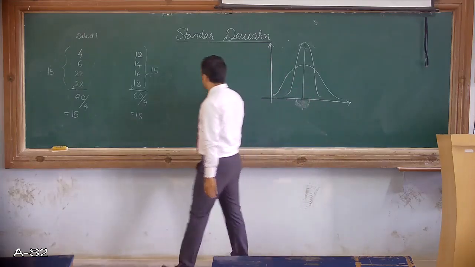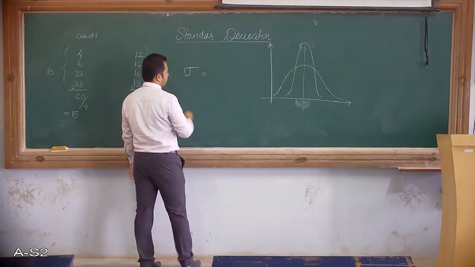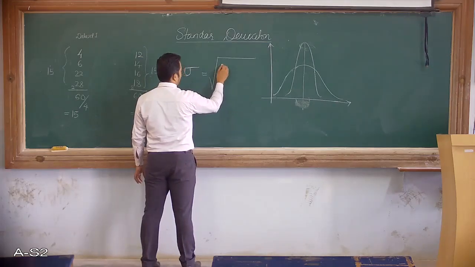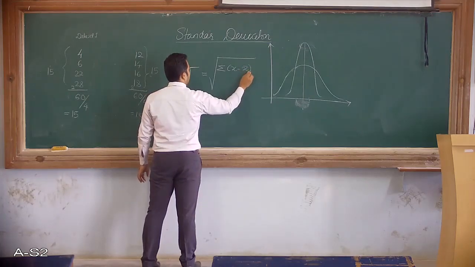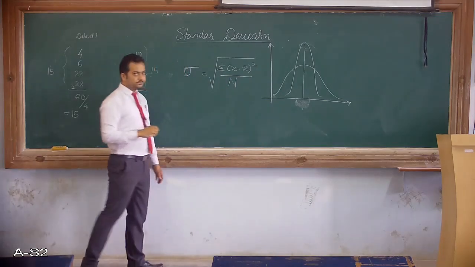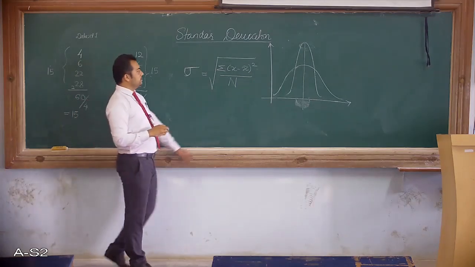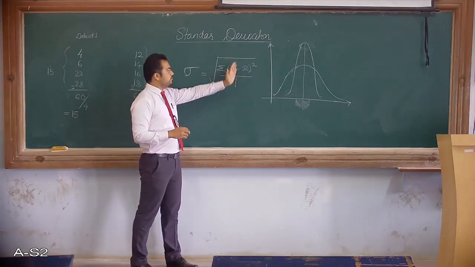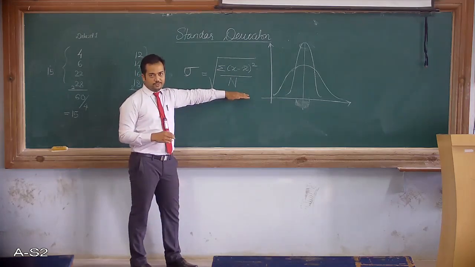Standard deviation is denoted by the symbol sigma, and it is given as the square root of the summation of the squares of the deviations from the arithmetic mean, divided by the total frequency.